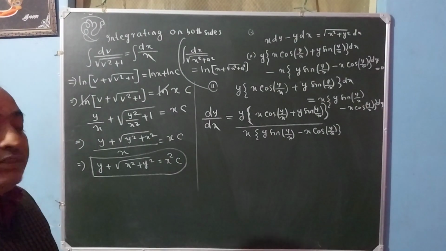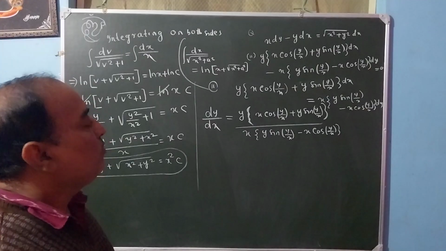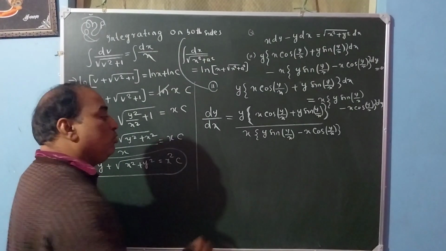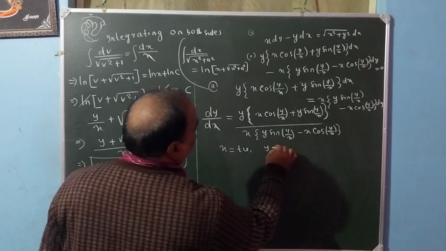First of all we have to check whether it is a homogeneous differential equation or not. For that always put x is equal to tu and y is equal to tv.